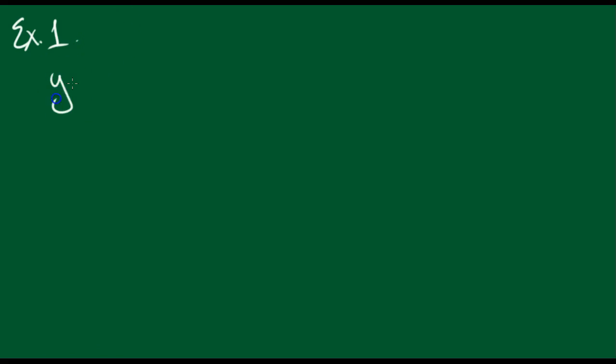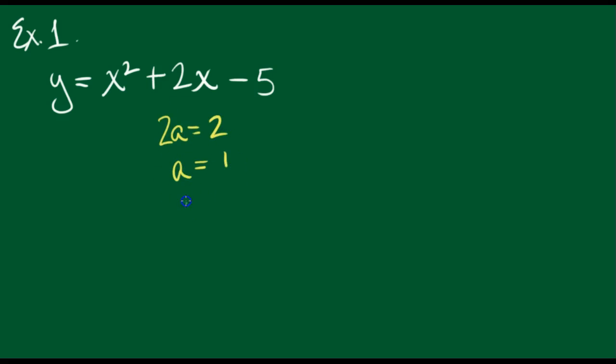Next example, y is equal to x squared plus 2x minus 5. Okay, so I'm still thinking to myself, 2a is equal to 2, a is equal to 1, a squared is equal to 1, but I don't have a plus 1 here. Instead, I have a minus 5.